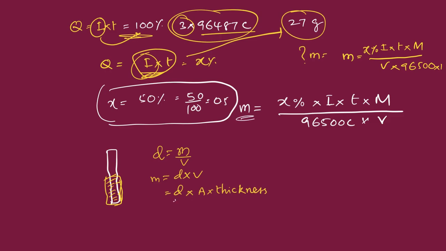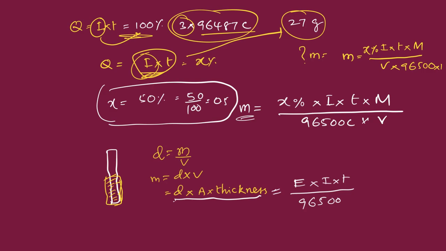Mass is equal to equivalent weight into I into T divided by 96,500 coulomb. So when density is given, immediately this formula should come to your mind: density into volume.